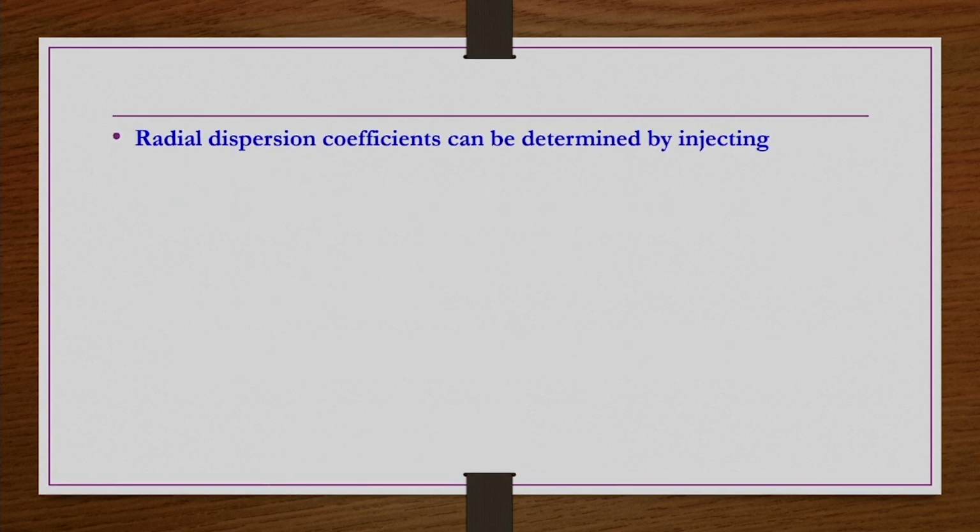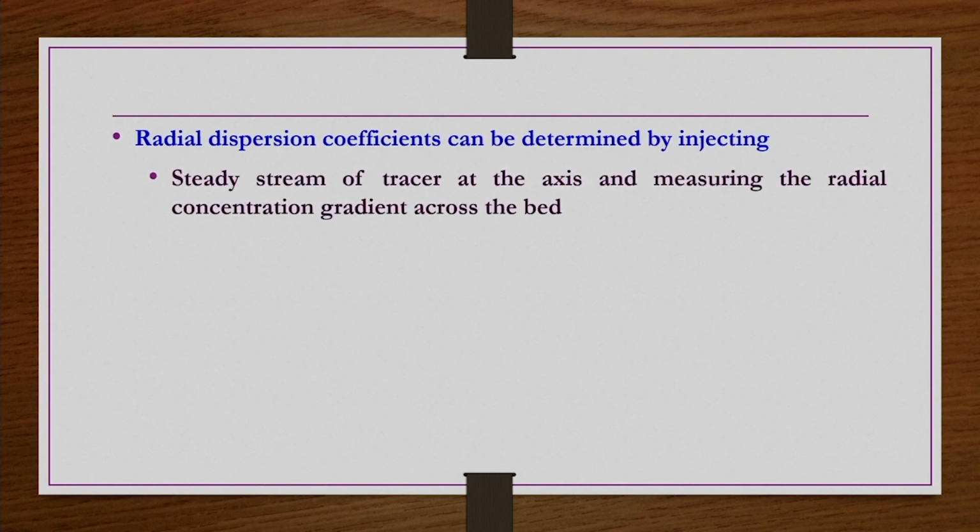Similarly, if you want to obtain radial dispersion coefficients, what you have to do? You have to inject a steady stream of tracer at the axis and measure the radial concentration gradient across the bed.